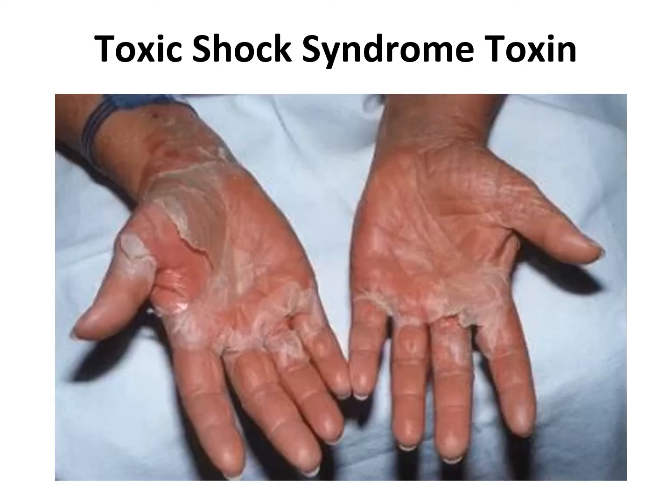It was an infection that was facilitated by super absorbent tampons, and it allowed a staphylococcus to overgrow, and that staphylococcus produced a toxin. One of the effects of that toxin is scalded skin syndrome, where the skin starts to slough off. So in addition to causing shock and causing death.